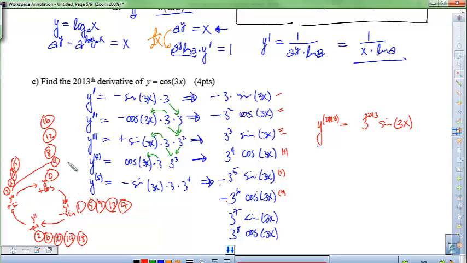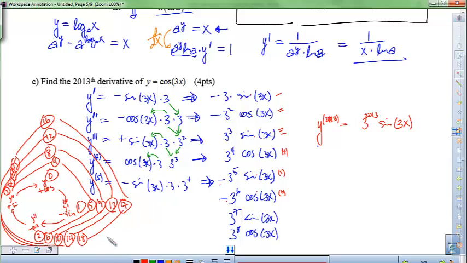We go 4 to 5, 5 to 6, 6 to 7, 7 to 8, 8 to 9, 9 to 10, 10 to 11, 11 to 12, 12 to 13, 13 to 14, 14 to 15, 16, 17, 18, etc. Again, it's too hard to count by brute force to 2013.